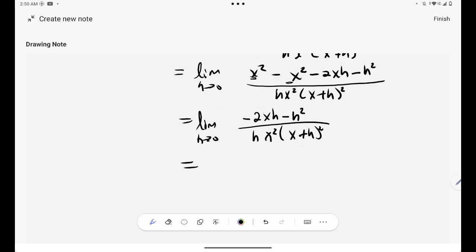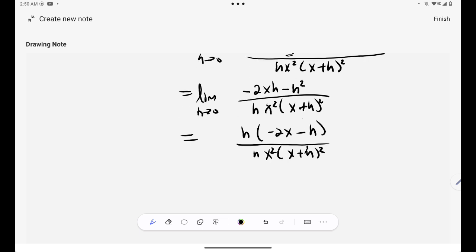And I can take out a common factor there, which is h. I'll be left with h times negative 2x minus h over h, and then the h's will cancel.